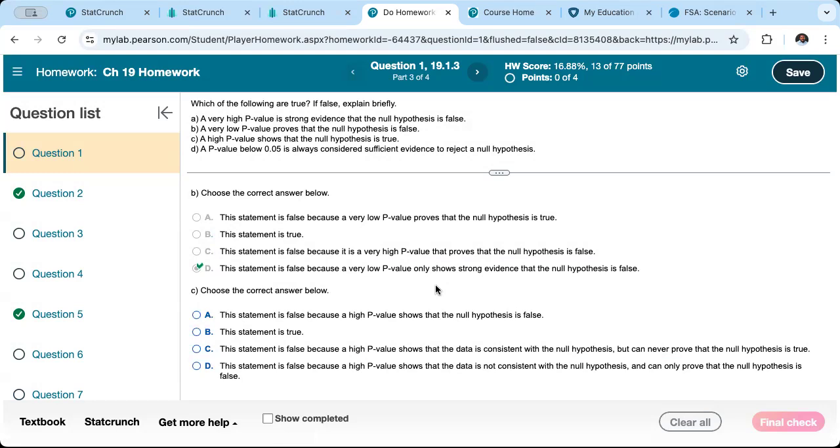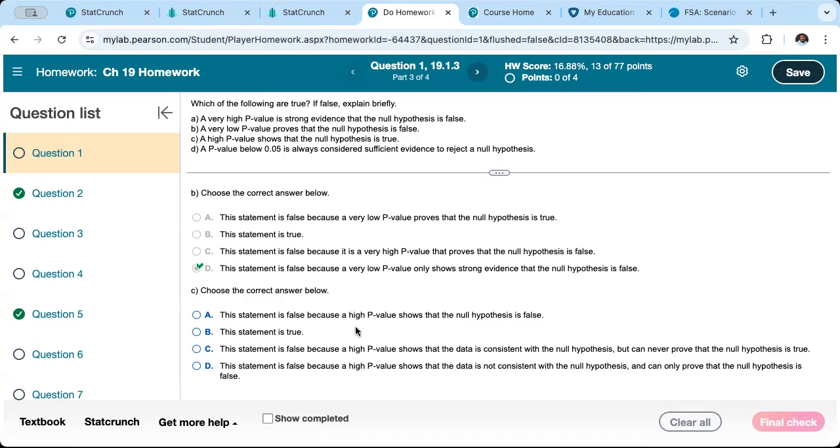Let's get to C. C says that a high p-value shows that the null hypothesis is true. Well, a high p-value shows that what? We fail to reject the null hypothesis.